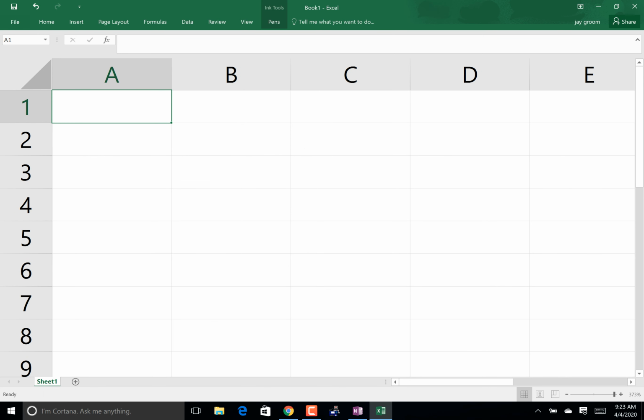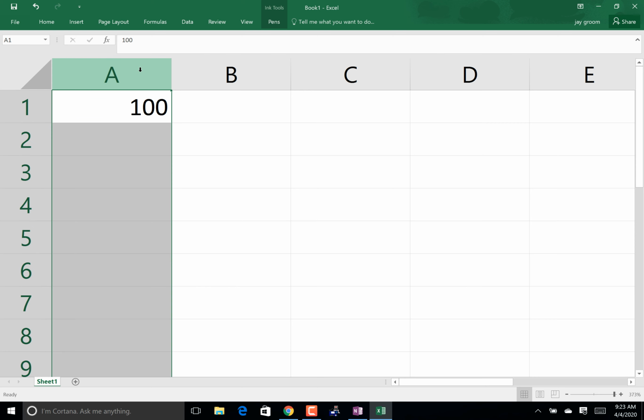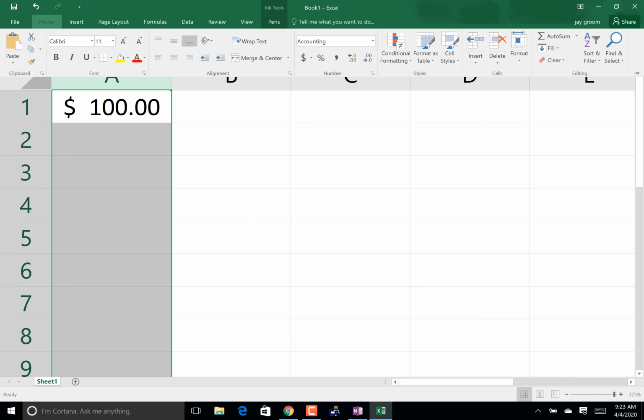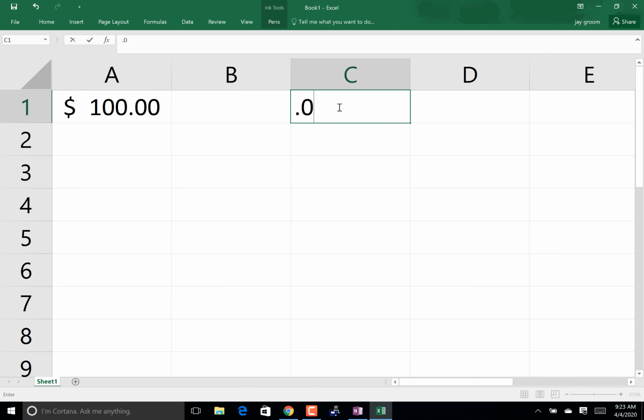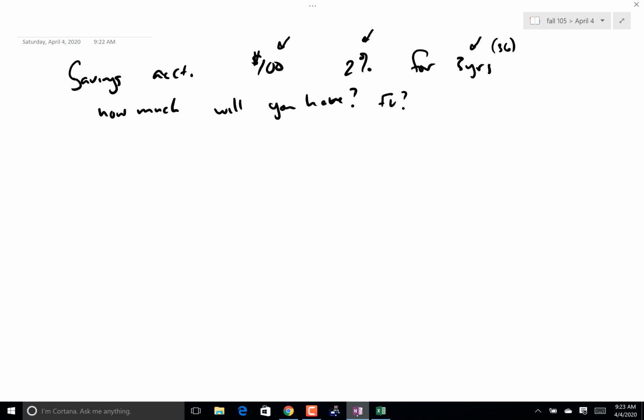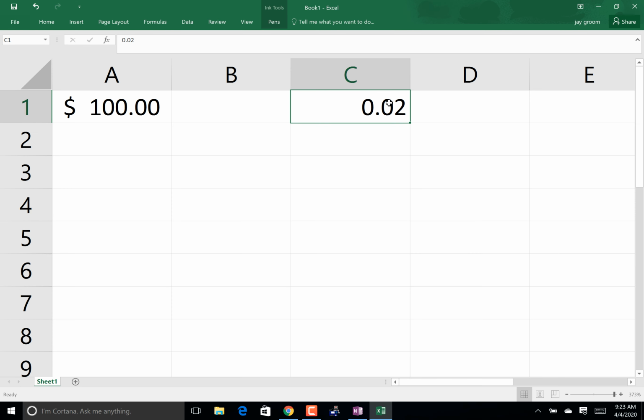So to find future value, I personally always just do the click and drag method. I find it to be the easiest way to do it, the hardest way to screw it up. So 0.02, is that what I said? Yep, for 3 years. Remember to name that, somebody.